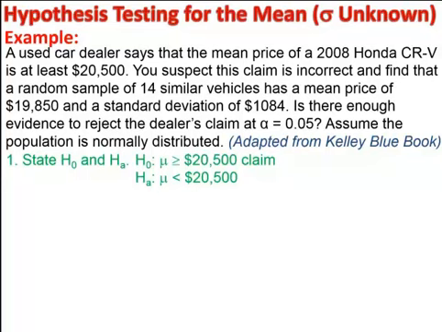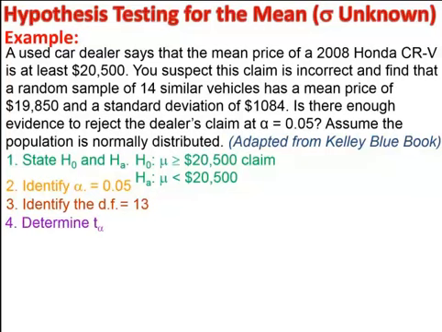So now you're going to identify alpha, and in this case our alpha is 0.05, which is given. Now I need to find my critical value for the t distribution, so I'm going to find the degree of freedom, and the degree of freedom is the sample size minus 1. So in this case it would equal 13.